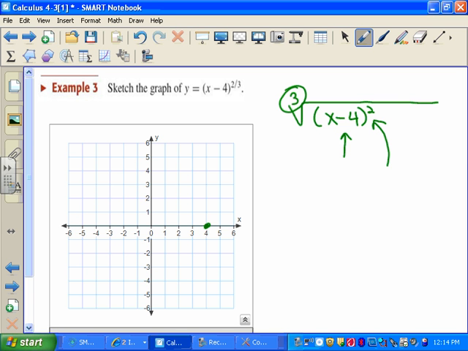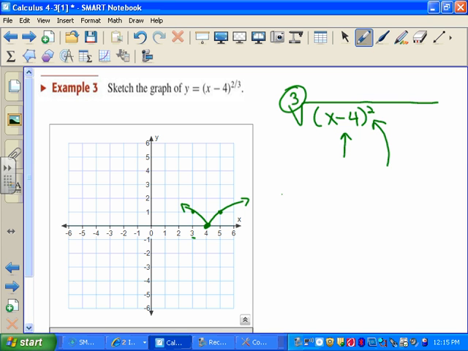So if I plug in 5, I get 5 minus 4 is 1. 1 squared is 1. The cube root of 1 is 1. If I plug in 3, I get 3 minus 4, which is -1. -1 times -1 is 1, and the cube root of 1 is 1. And so now I know I'm going to go like this, but I want to find where I'm going to touch my y-axis.